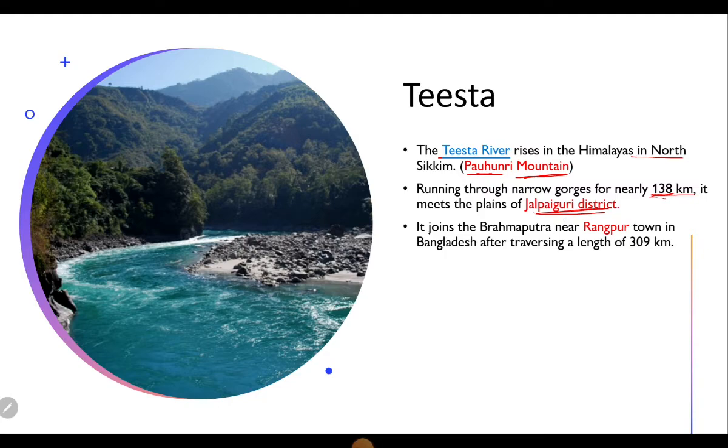It joins the Brahmaputra near Rangpur town in Bangladesh after traversing a length of 309 kilometers. So Tista is a very simple river.